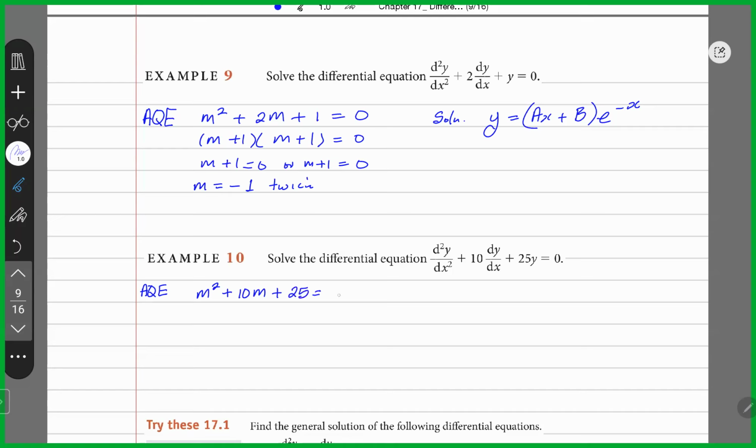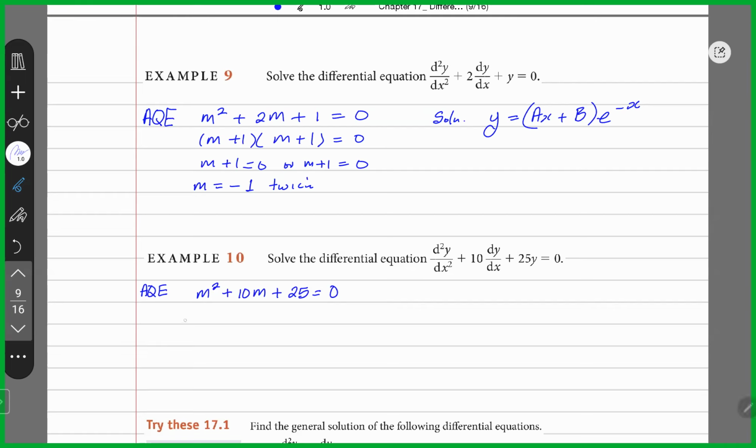The coefficient of m squared is the same as the coefficient of d2y by dx squared. The coefficient of m is the same as the coefficient of dy by dx, and the constant is the same as the coefficient of y.